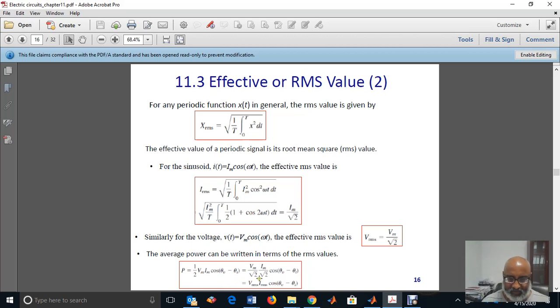But we can write this as Vm over radical 2 times Im over radical 2, which is Vrms times Irms cosine of theta V minus theta I. This is another way to write the power.